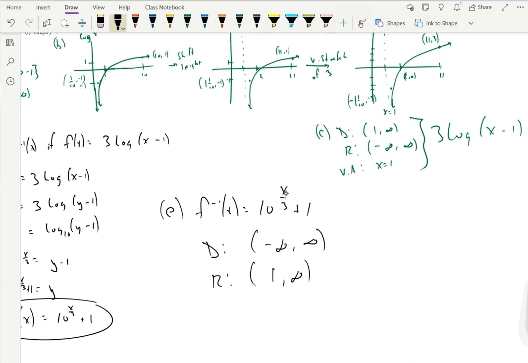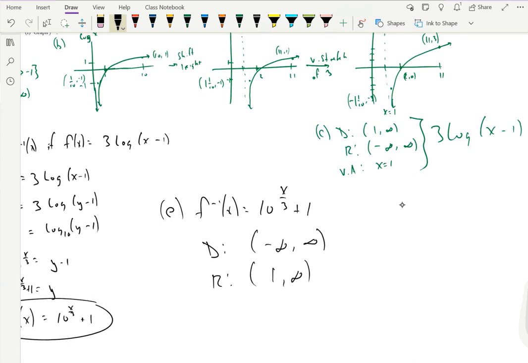Plug any x in you want, divide it by 3, and 10 to any power will always be positive. Then if we add 1 to it, the lowest we can get to is really close to 0. So we'd end up with that asymptote at 0, but then we'd have to move it up by 1. So my range is going to end up being 1 to infinity.